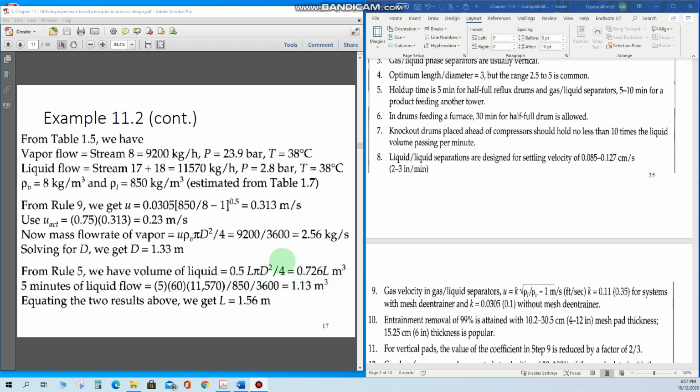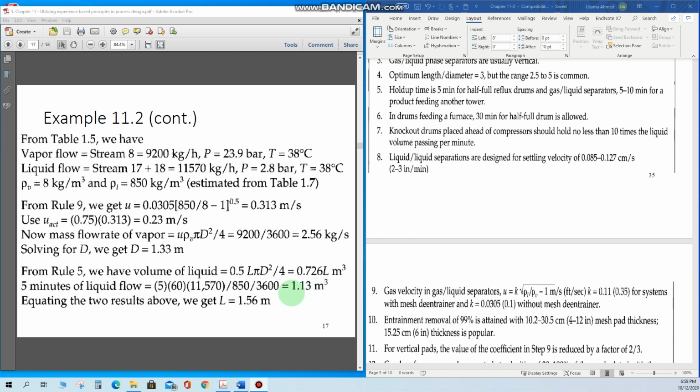Okay, now we have to estimate what should be the flow rate in 5 minutes. So we can simply calculate the volumetric flow rate of the liquid from this vessel. We can use this equation for the volumetric flow rate, and we can get the value for the overall volume.